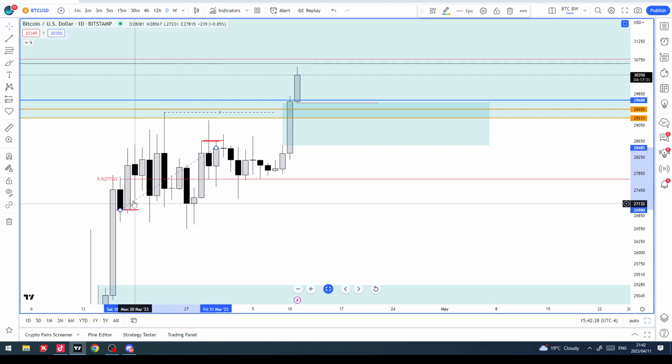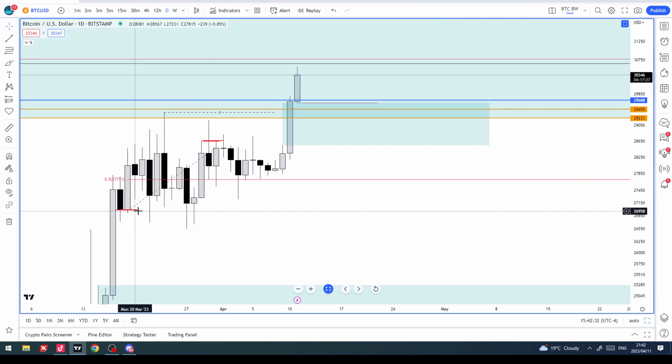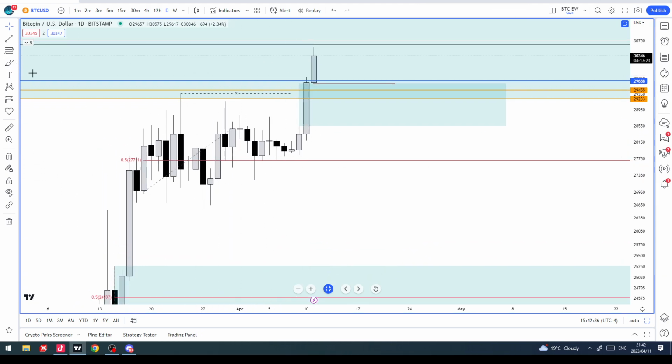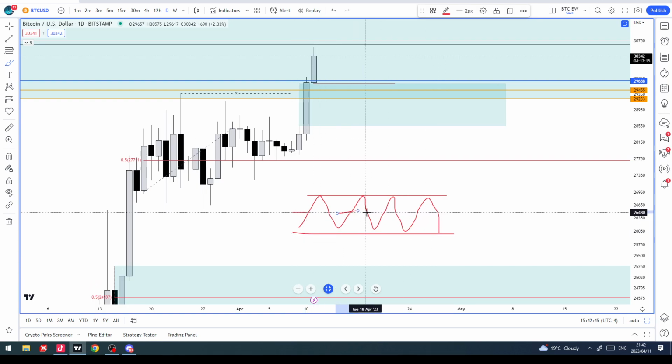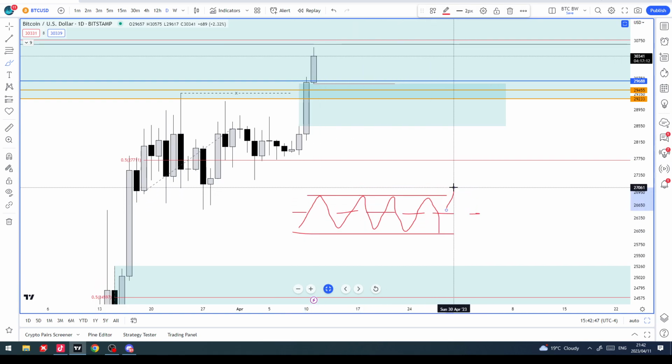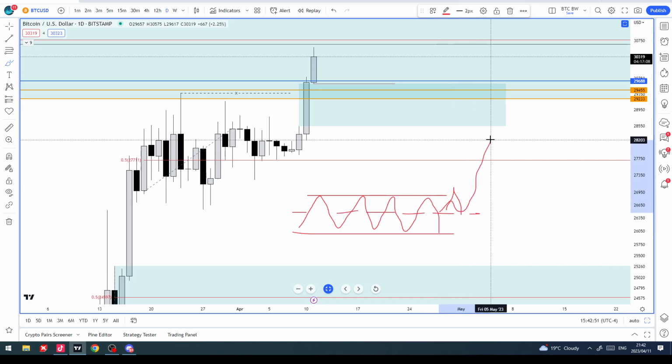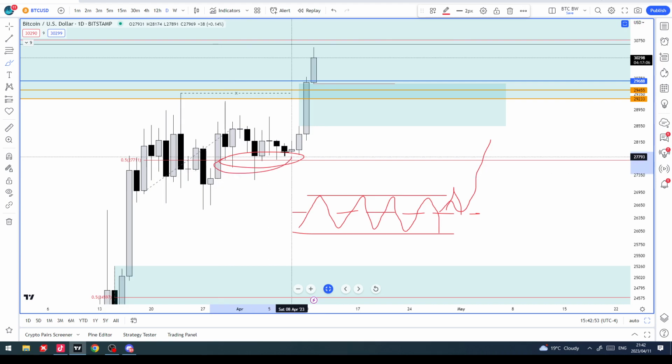We can send it here, and here looks fine. Consolidation. Remember me saying it would bounce off equilibrium. If it breaks, it bounces, or it bounces before it breaks. There's your 50% level here.